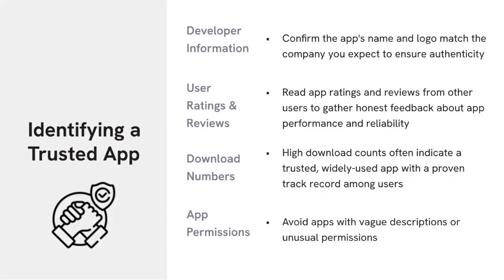And download numbers. High download counts often indicate a trusted, widely used app with a proven track record among users. And then app permissions. So avoid apps with vague descriptions or unusual permissions.